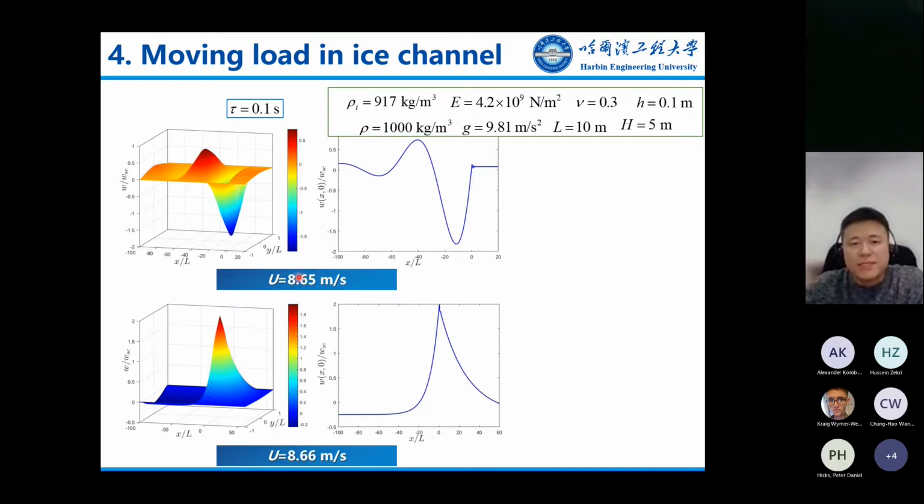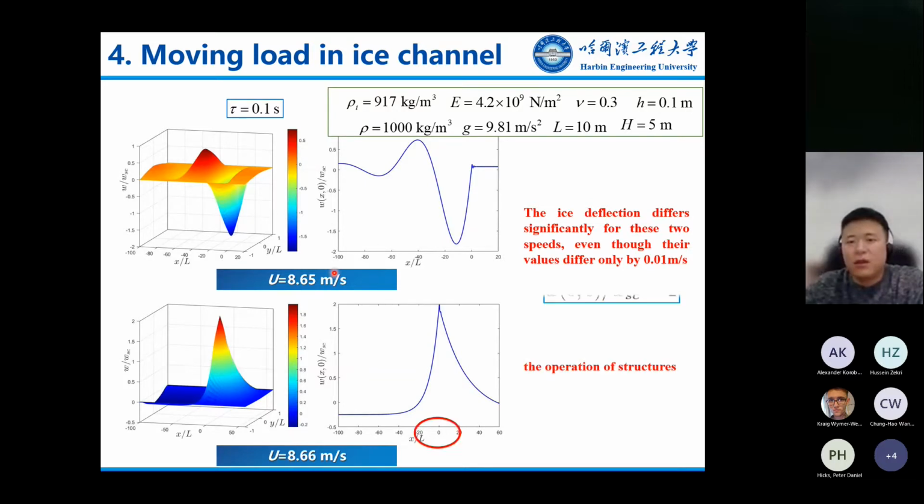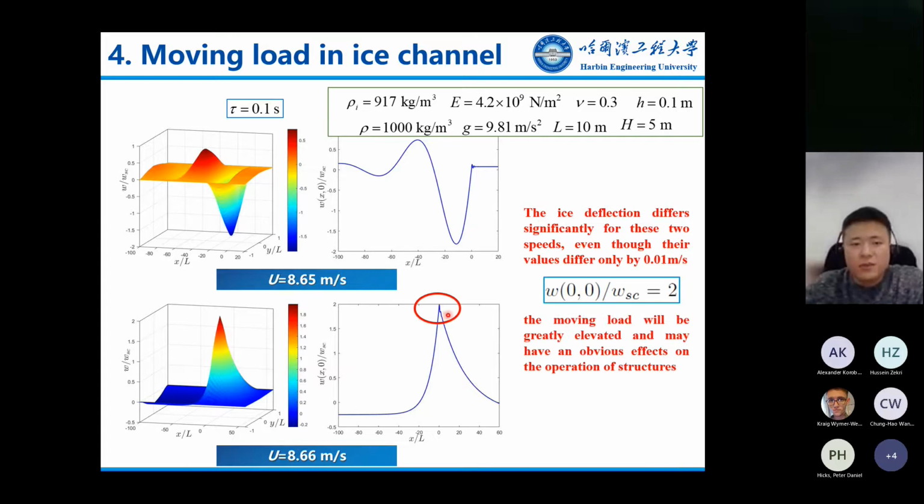It is seen that the ice deflection differs significantly for these two speeds, even though their values differ only by 0.01 meters per second. For load moving at the critical speed for long waves, the ice deflection under the load equals the static deformation of the free surface. This means that the moving load will be greatly elevated and may have an obvious effect on the operation of structures.